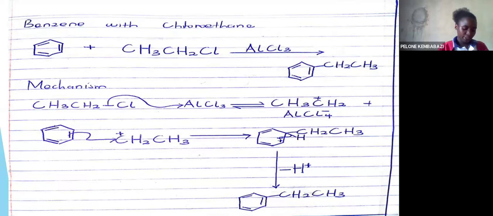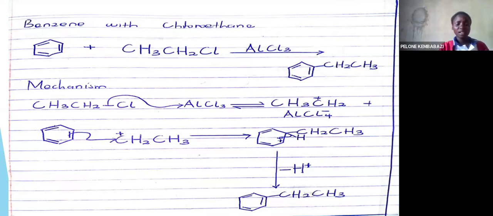You identify which type of reaction it is, which reagents are there, which conditions this reaction needs for it to occur, then name the major product. Majorly, you name the major product.